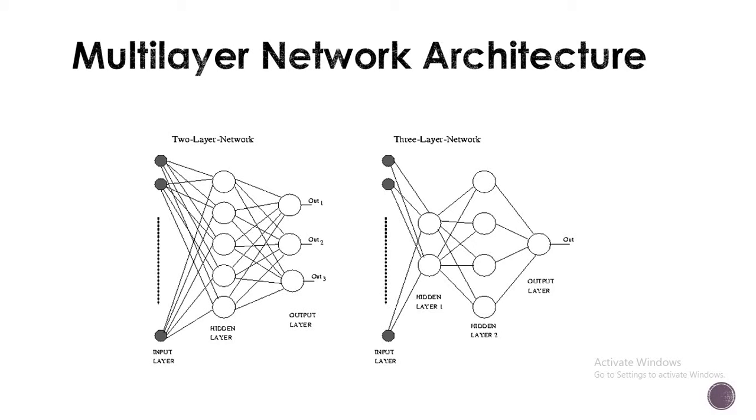In the first network, we are getting multiple outputs with a single hidden layer. But in the second picture, the three-layer network, there are two hidden layers and only one output layer.